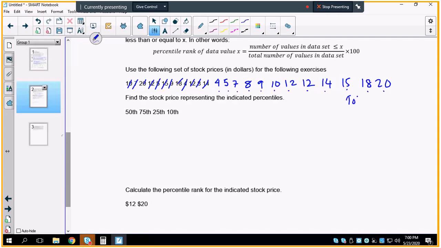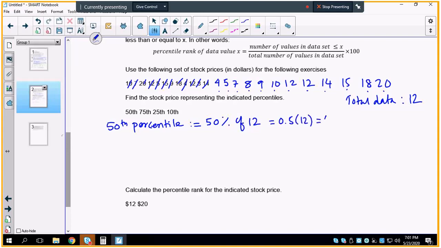So total data is 12. And we're finding the 50th percentile. Find the stock price representing the indicated percentile. So the 50th percentile, and this is how I do it. You always remember the 50th percentile is referring to 50%. So what do you do? You say that's 50% of the sample size 12, which is 0.5 times 12, and that's 6.